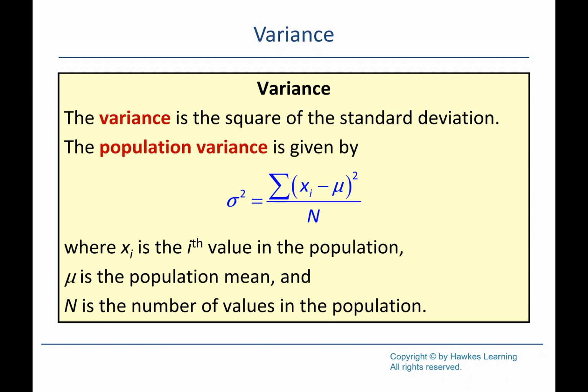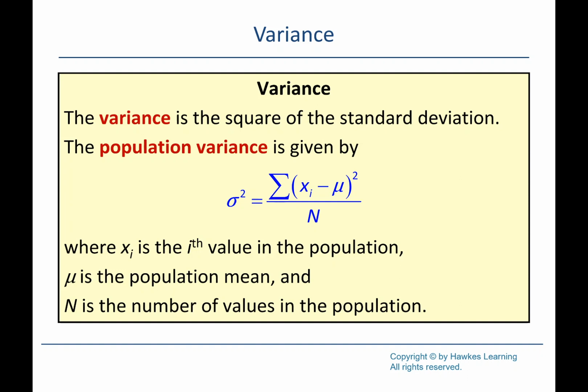We have to square it here because the mean is right in the middle. If we just added up all the distances, we would get 0, because for every value above the mean there would be one below the mean, and they would cancel each other out. That's why we square here. So variance is a little more intuitive.